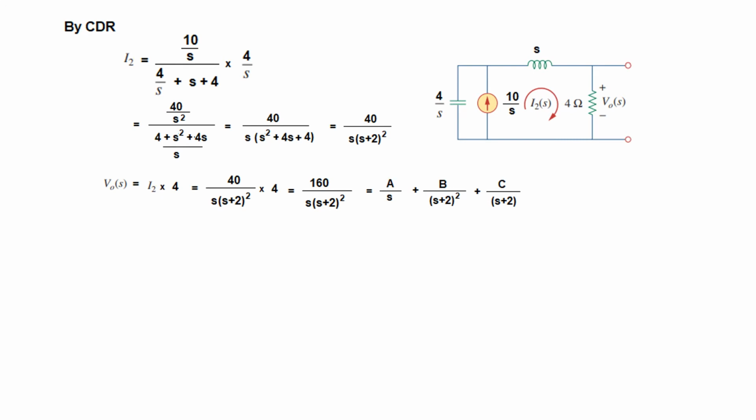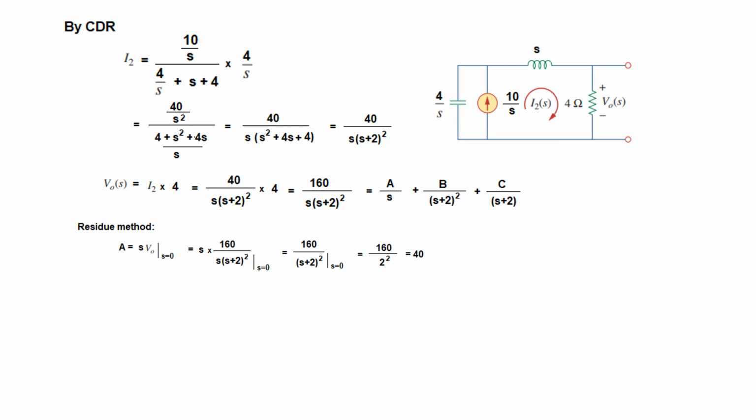So we write A over s for this, then B over (s plus 2) whole square for this, and then C over only s plus 2. There are 3 terms A, B, C that we have to find, and by the residue method we'll find them. The value A will be the denominator s multiplied by V₀(s), putting s equal to 0.